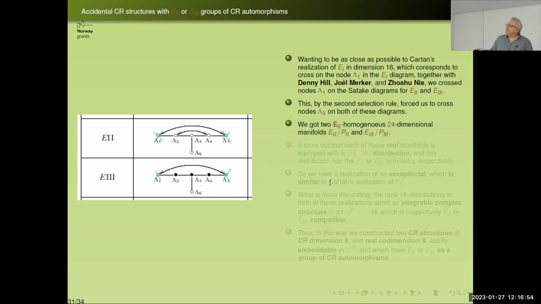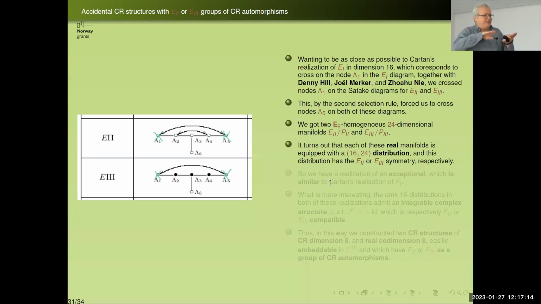So we got two E6 homogeneous 24-dimensional manifolds, E2 by the corresponding parabolic and E3 by the corresponding parabolic. It turns out that each of these real 24-dimensional manifolds has a 16 distribution, which is again bracket generating in two steps. So there is a 16 distribution that when you bracket generate, you will produce the 24-dimensional manifold.